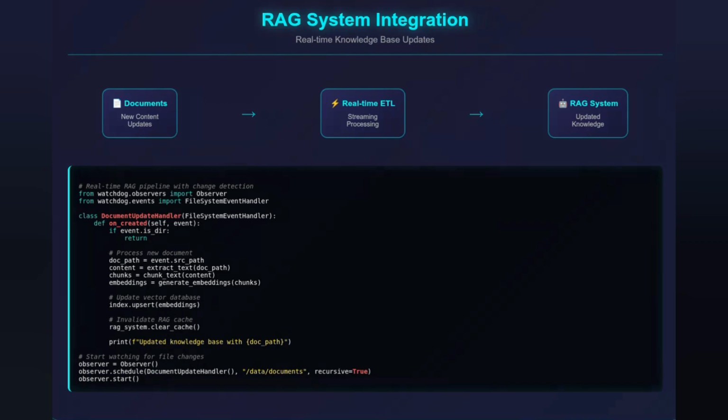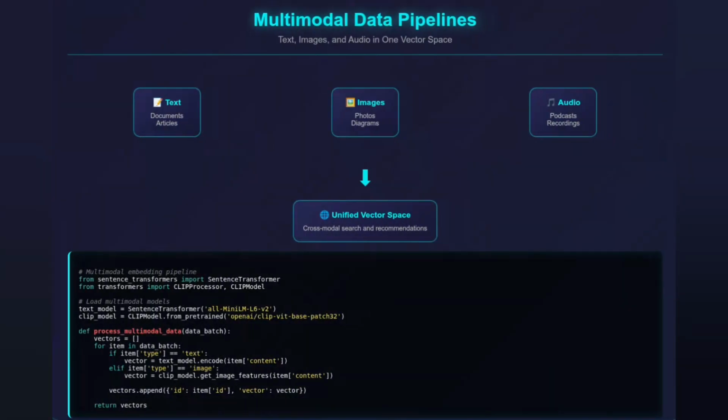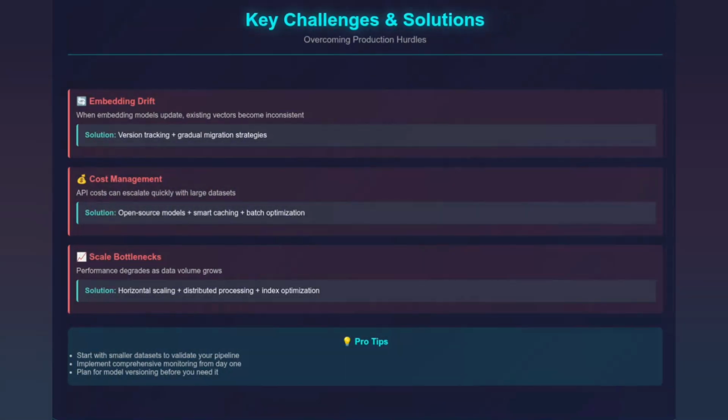Every document that flows through gets embedded and becomes queryable for your AI applications. The key is ensuring your pipeline can handle real-time updates as new documents arrive. Multimodal pipelines are where things get really exciting. You can process text, images, and audio in the same pipeline, creating unified vector representations that enable cross-modal search.